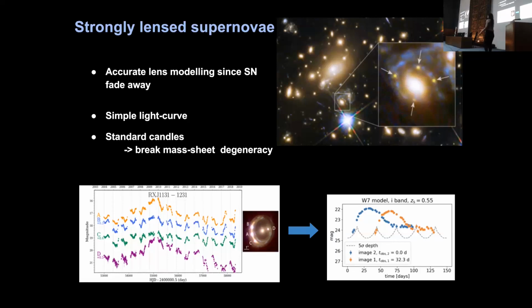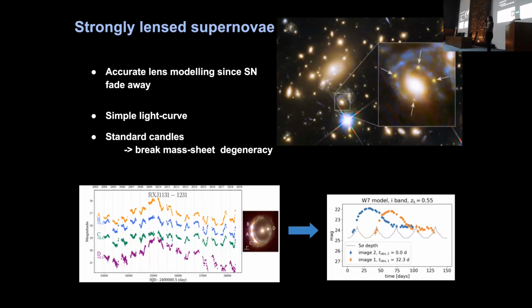They have several advantages compared to lensed quasars. First, they also allow a very accurate lens modeling. The second, and the most important, is that they have very simple light curves.